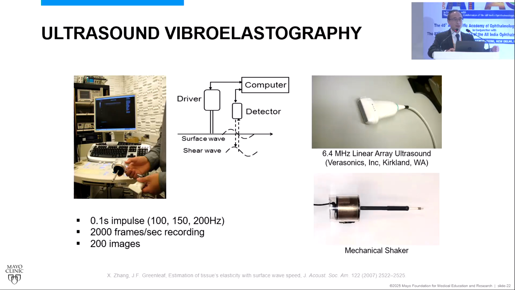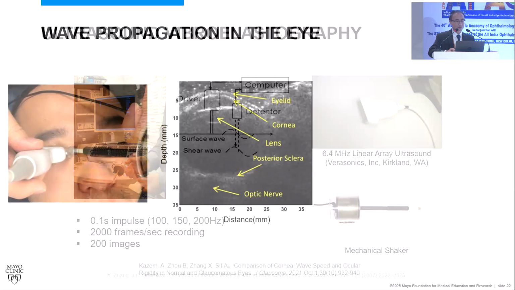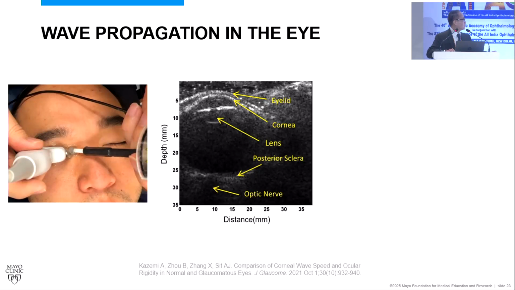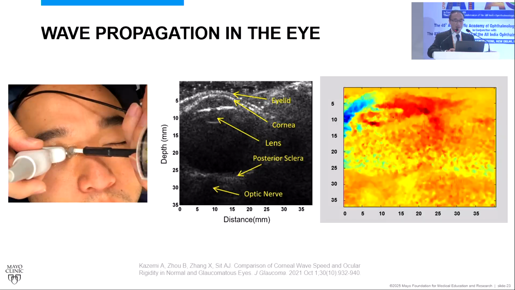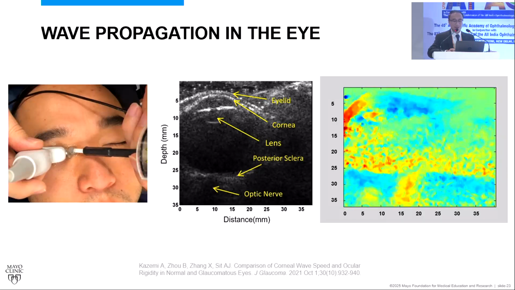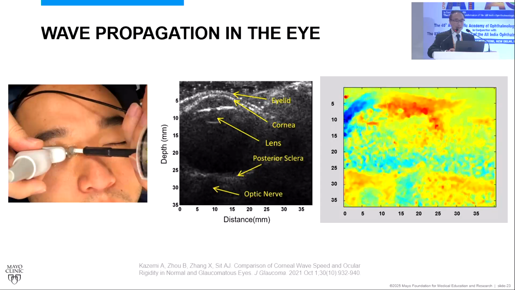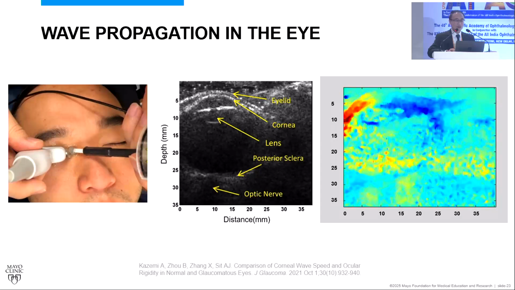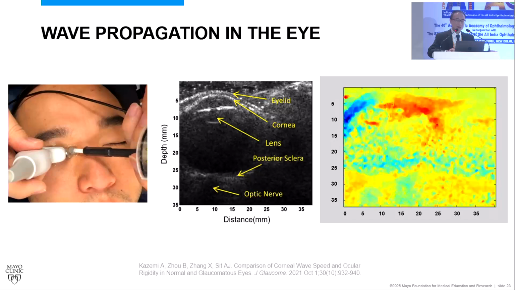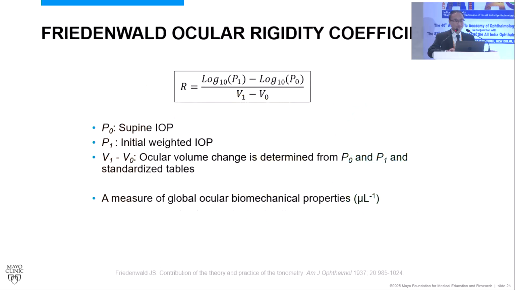You can see here, it's actually less painful than it looks. You image the eye as you generate the wave, and you can see in this little video the wave propagating across the cornea and through the sclera, and the ultrasound images it and allows us to measure the speed of wave propagation.